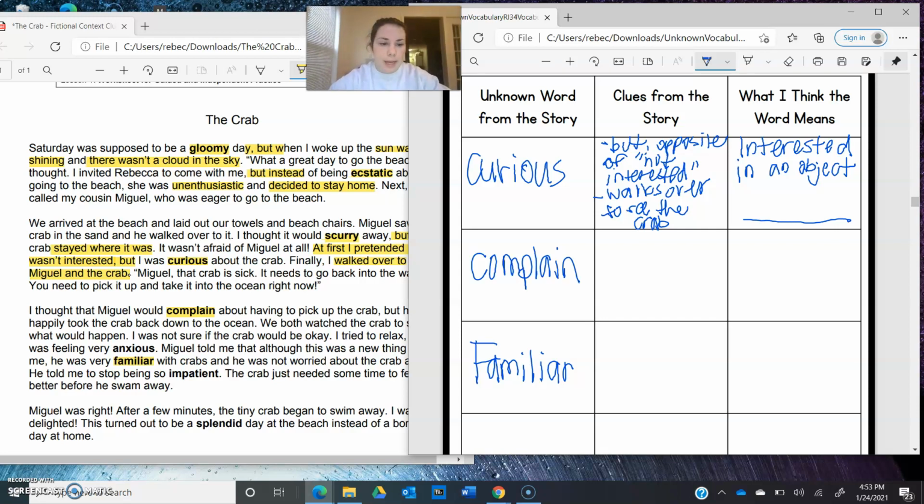Let's look at complain. So you know it. You need to reread around the word complain. Then you're going to highlight your clues in the text, write them down, and put them together to write down what you think the word means. Don't press play until you're ready to move on.